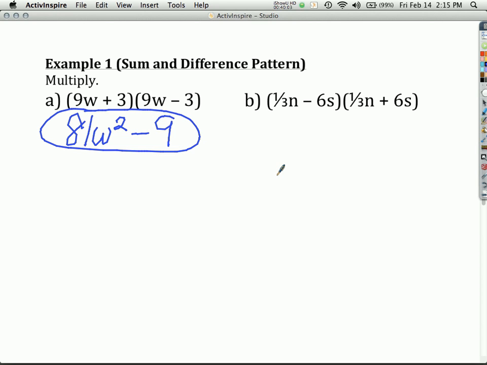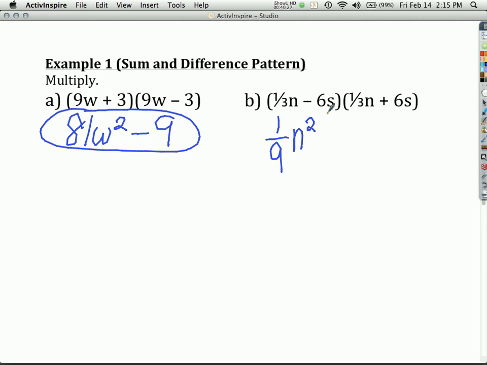Jada? It's not 1/6. This is something that we got to be super fast at. Zubari? 1/9. Remember, multiplying fractions, you multiply straight across. So 1/3 n squared would be 1/9 n squared.